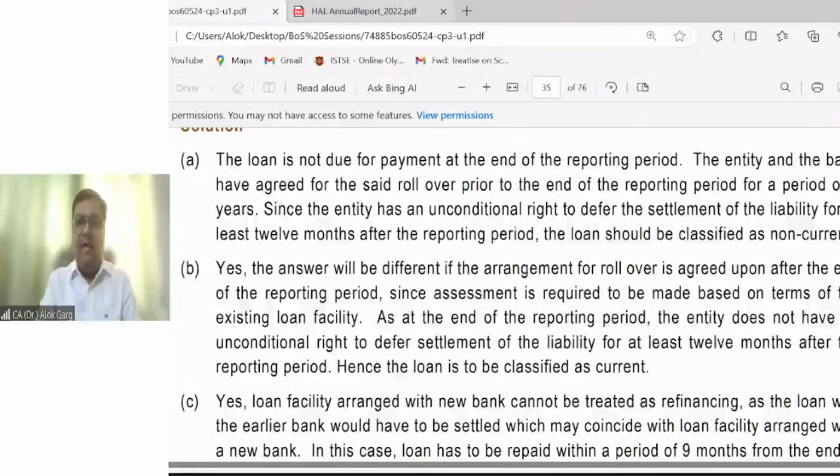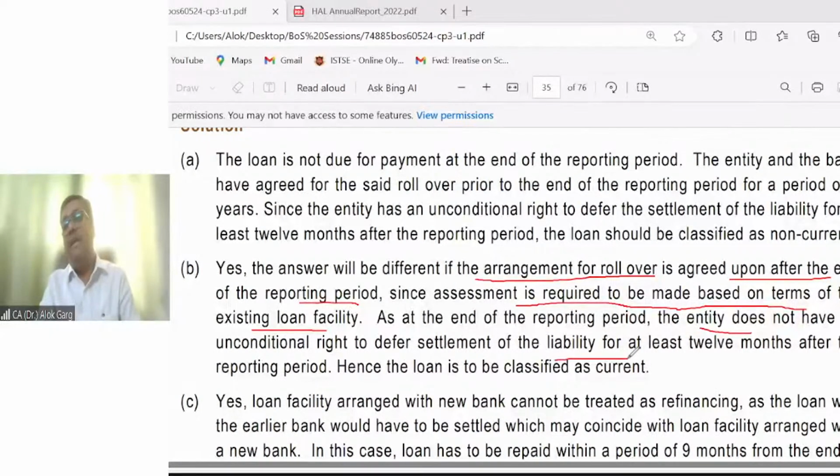Yes, the answer will be different if the arrangement for rollover is agreed after the end of the reporting date, since assessment is required to be made based on the terms of the existing loan facility. As on the end of the reporting date, the entity does not have any unconditional right to defer the settlement of liability for at least 12 months beyond the reporting date.